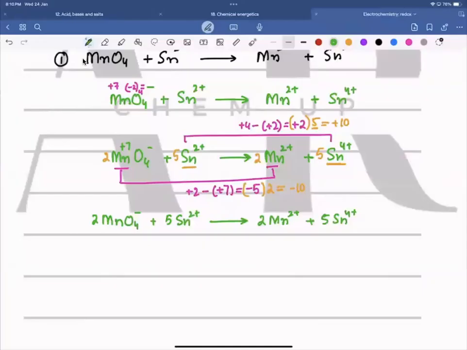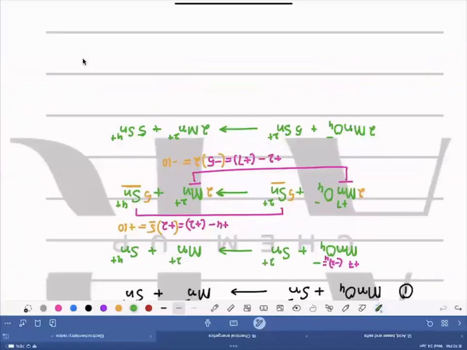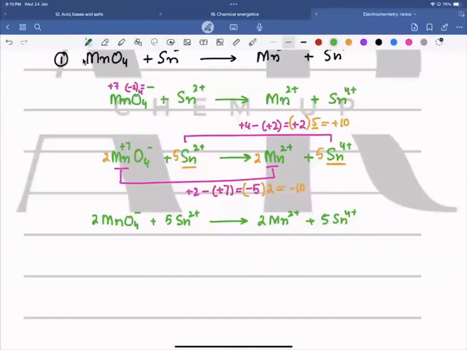By adding H and O. By adding H. Yes, we have to balance hydrogen and oxygen, but we will add hydrogen and water.